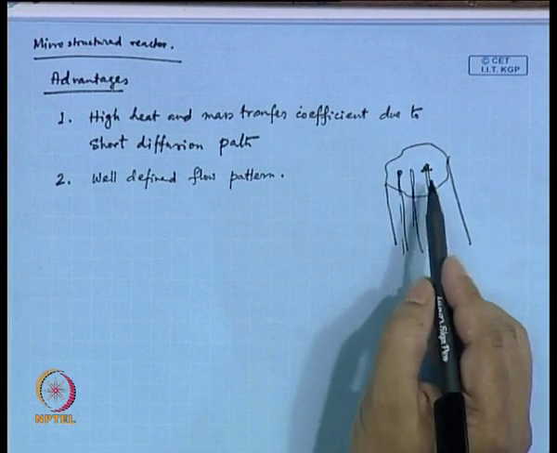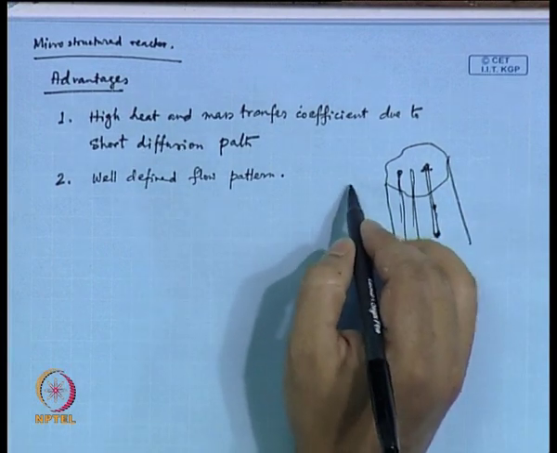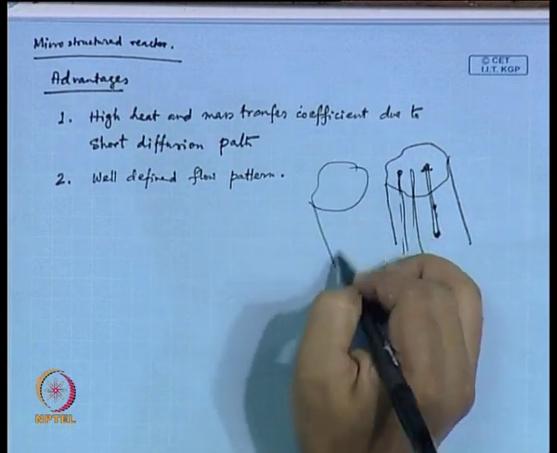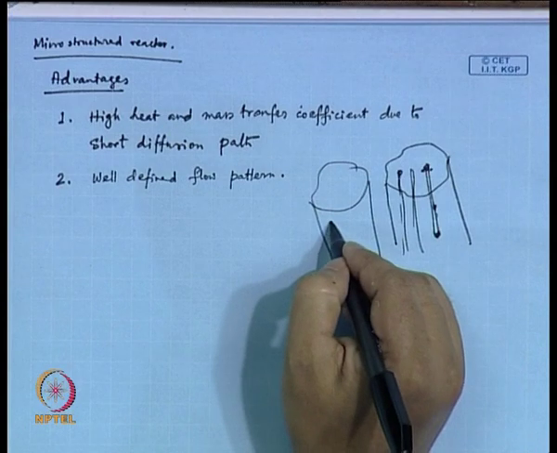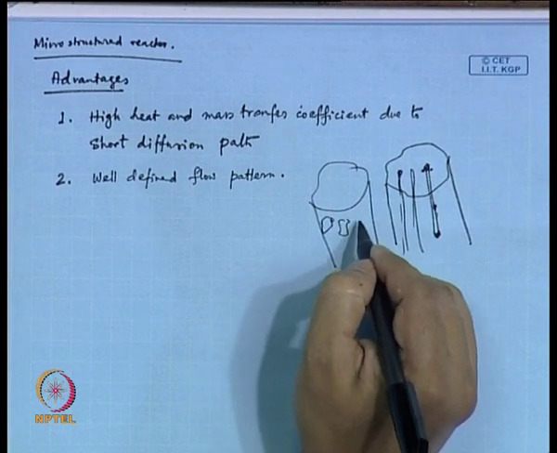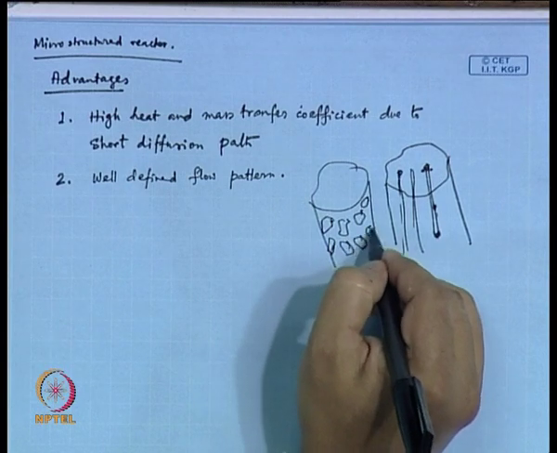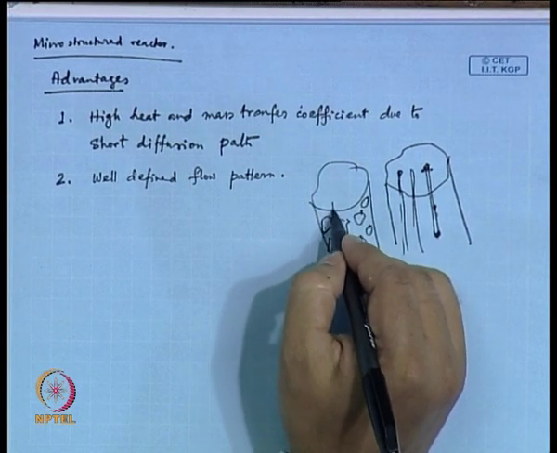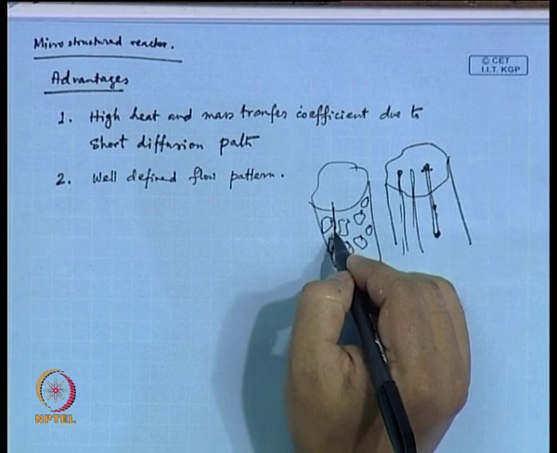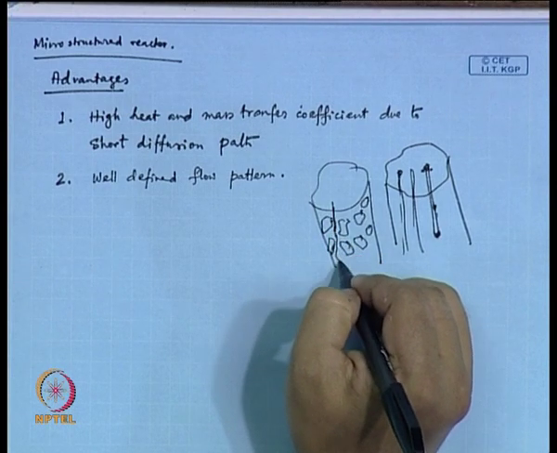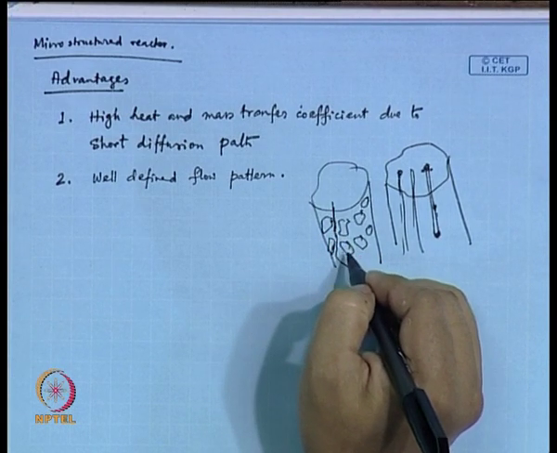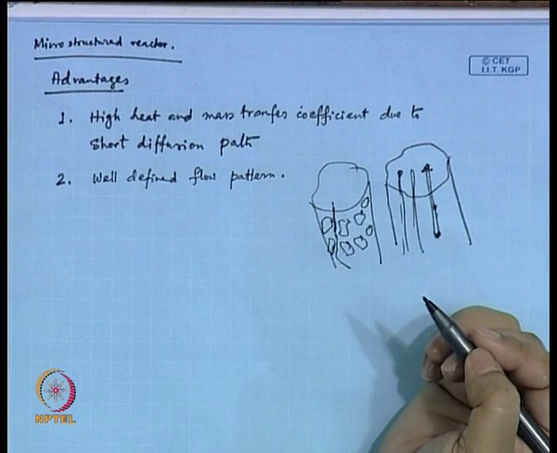Okay. In case of a packed bed, what you have is those catalyst pellets, and the flow is forced through these constrictions. So, in some places channels are wider, some places channels are not.